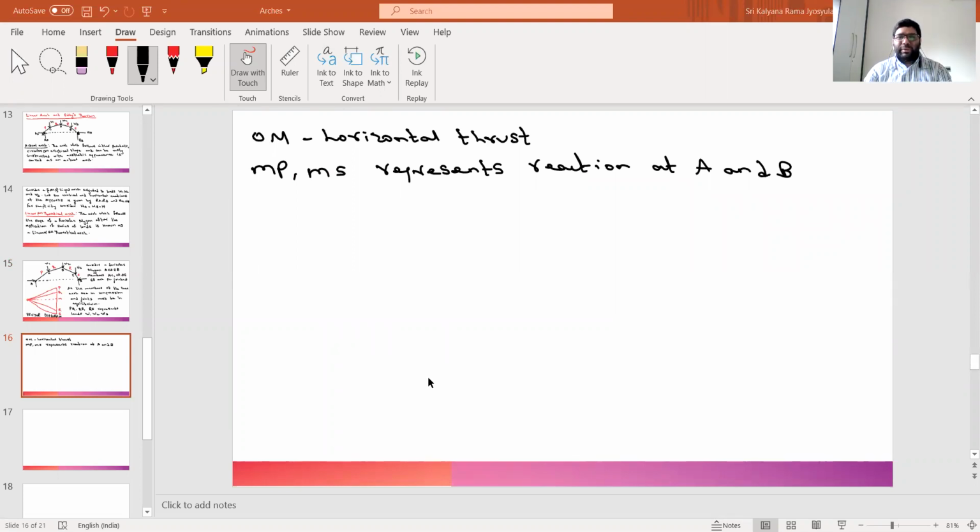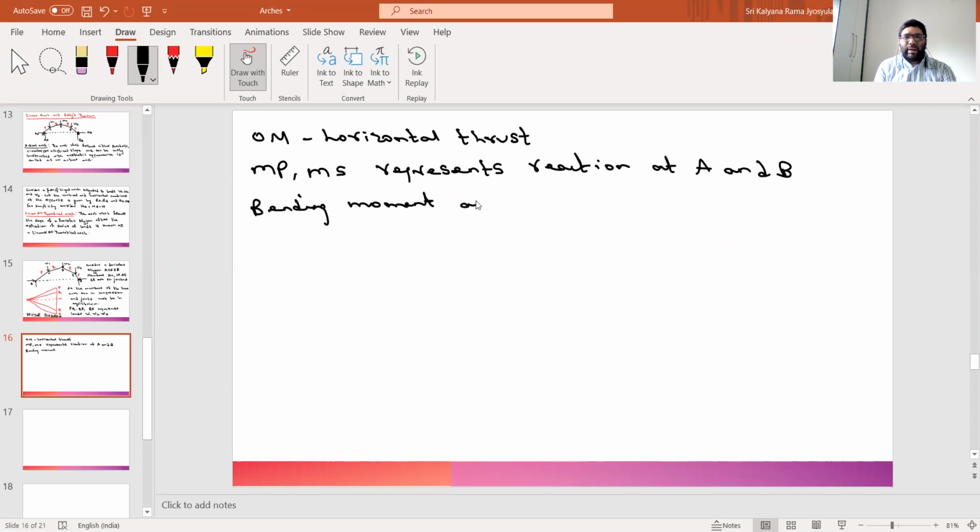Now, all of you should understand that each and every joint is considered as a pin joint. What is the bending moment at the pin joint? The bending moment at the pin joint should be equal to 0.